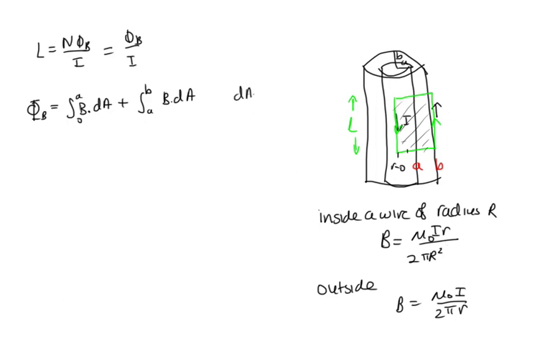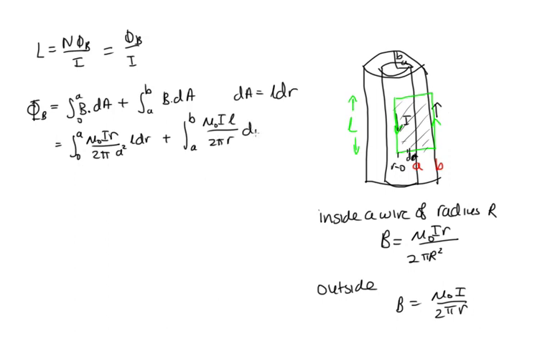And we know that dA is going to be equal to, this has length dr, so dA is equal to l dr. Okay, so inside we've got the integral from 0 to a of mu naught I r over 2 pi a squared, times l dr, plus we're going from a to b now. This is outside this wire, so we've got mu naught I l over 2 pi r dr.